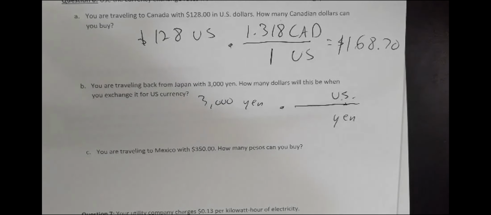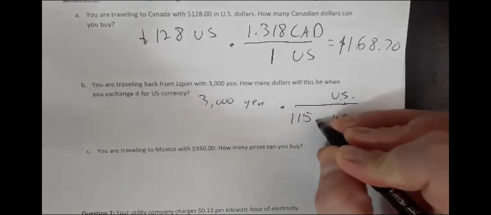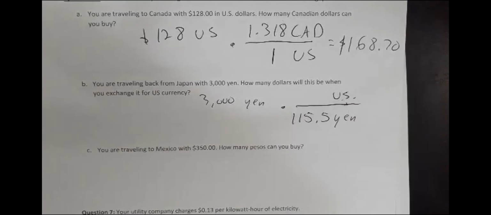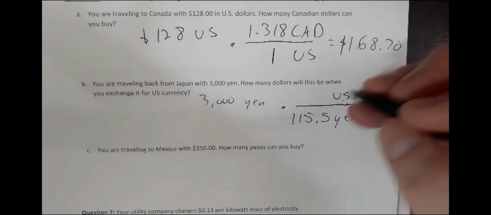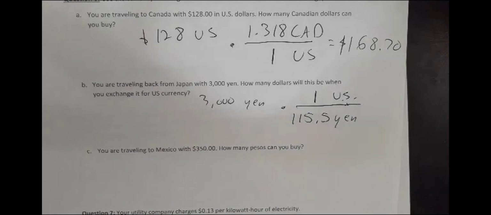So I know I have, let's go with the 115.5, I think is an easier number to write. 115.5 yen for every dollar. So I'm either dividing by a large amount or I'm multiplying by a fractional amount.